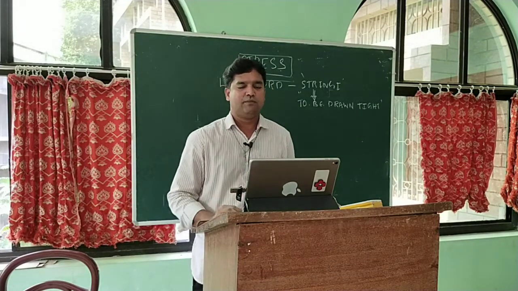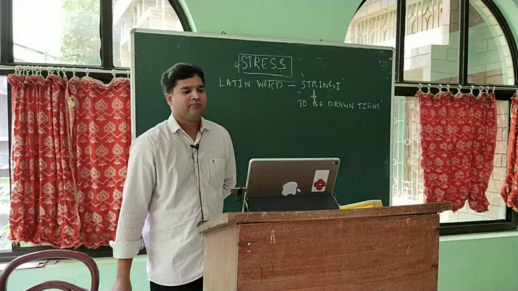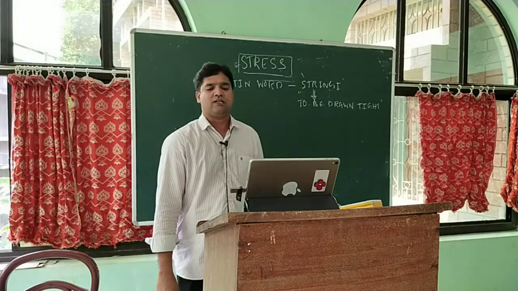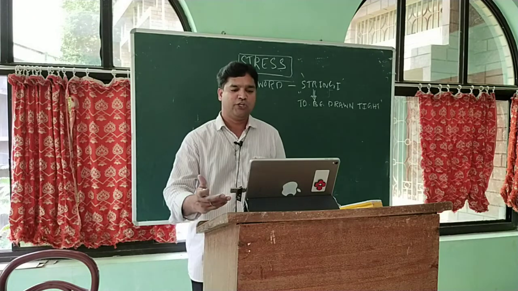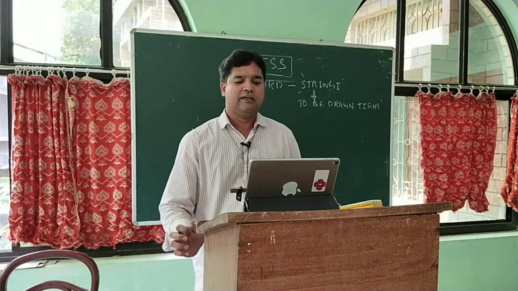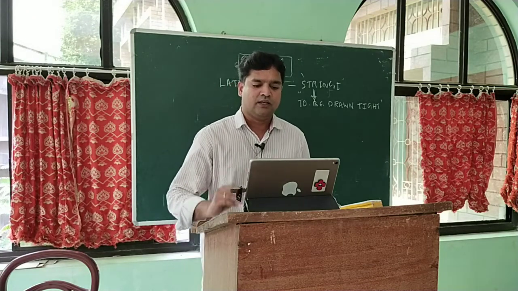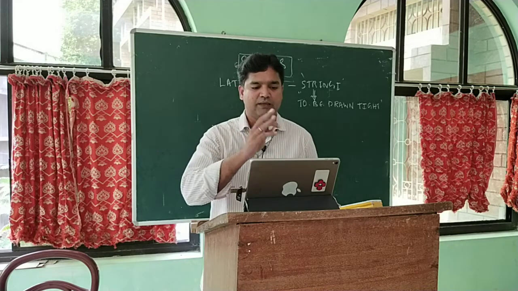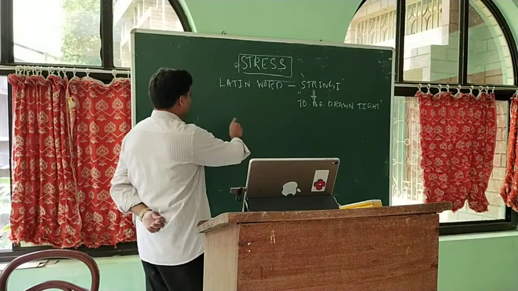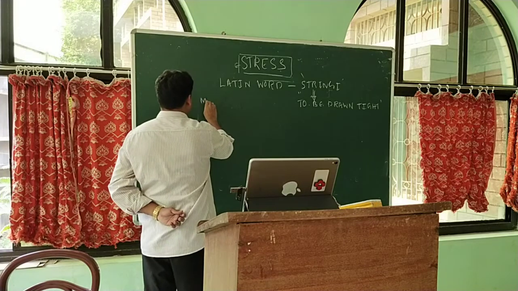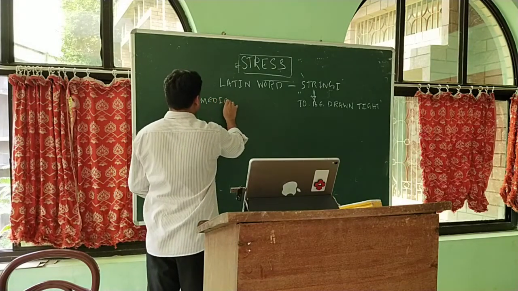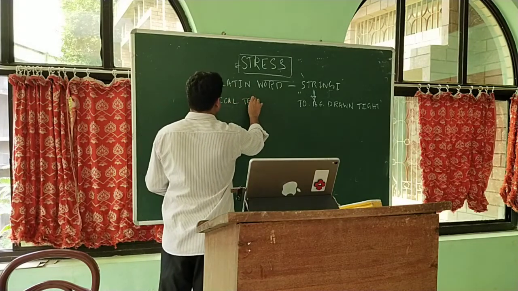So in medical terms, what is the definition for stress? A physical or psychological stimulus that can produce mental tension or physiological reaction that may lead to illness. That is the medical definition.